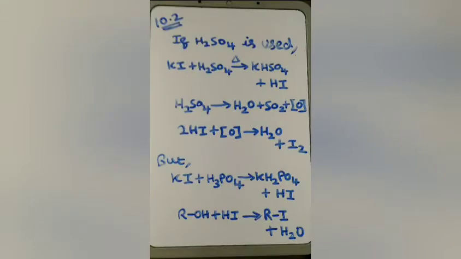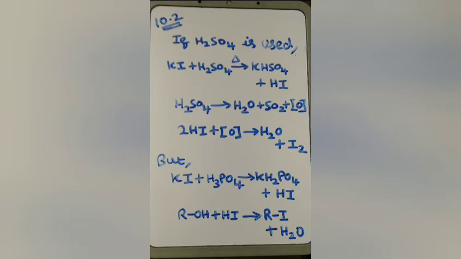So basically, if you see here, when H2SO4 is used, actually in the reaction ROH should react with KI, it should give alkyl halide. But when H2SO4 is used, H2SO4 is one of the strongest oxidizing agents. As you can see in the reaction, KI reacts with H2SO4 to give HI. HI is not left alone.